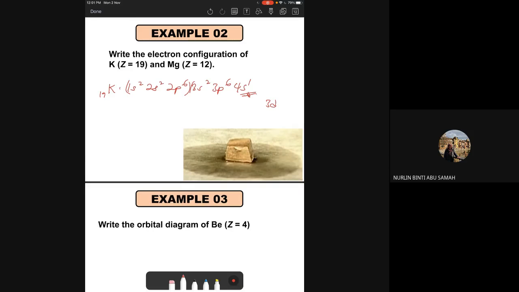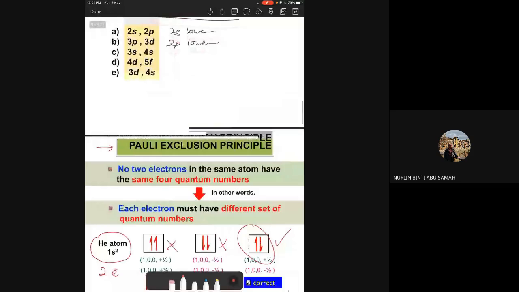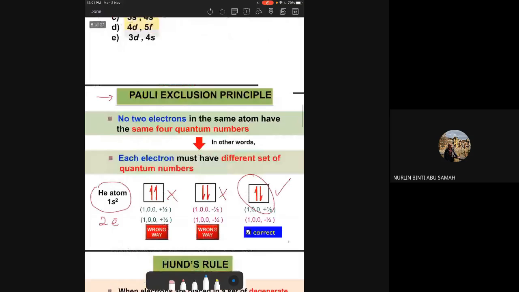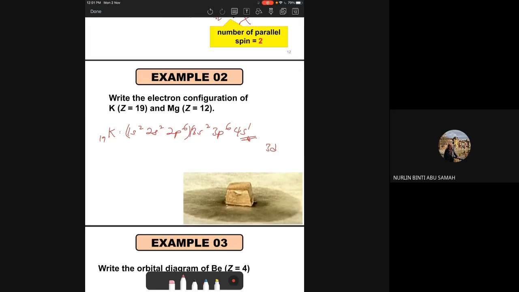Betul? Okay. So berbalik kepada, kita tengok balik energy level tadi. Kalau kamu tengok dekat case kat sini, 4s energy dia lebih rendah, betul? Berbanding 3D. Sebab tu dalam case penulisan kepada potassium ni, kamu akan tulis isi 4s dulu, bukan 3D.